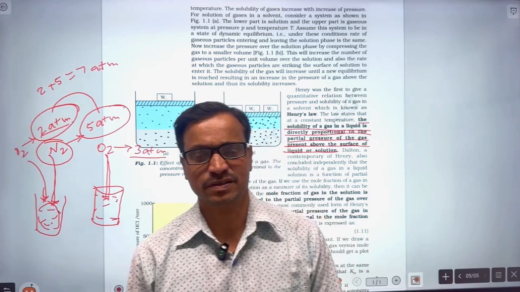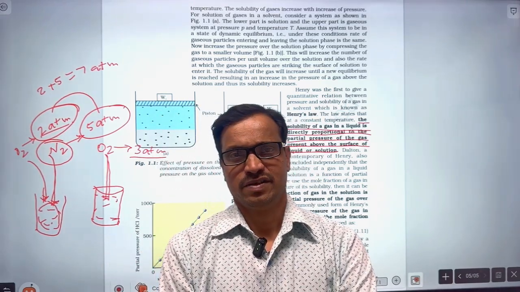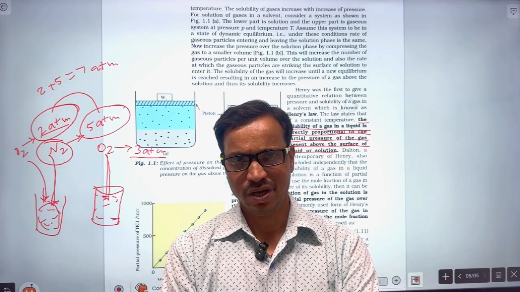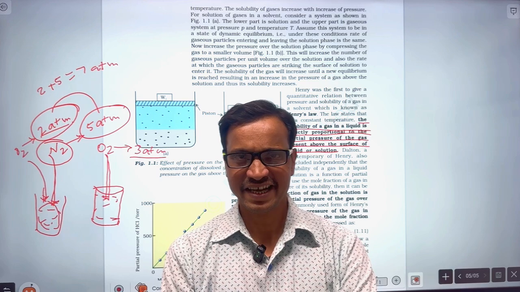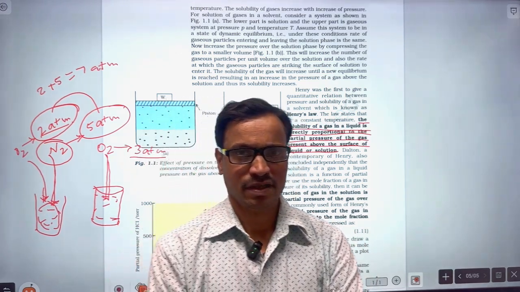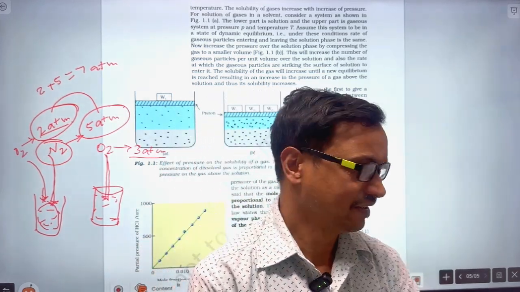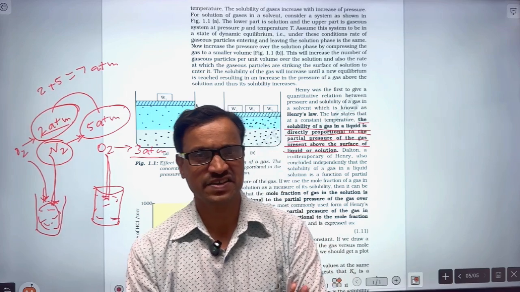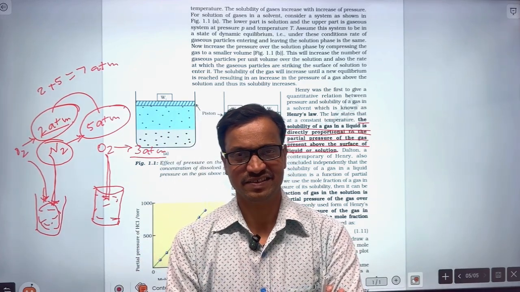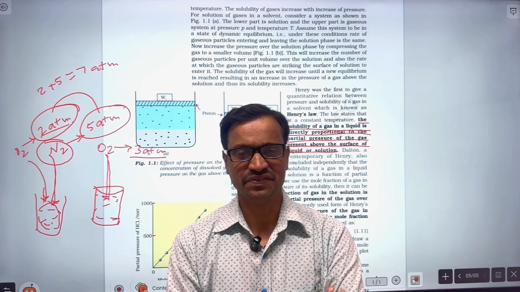And when we express it in mathematical form, there is a direct relationship between the mole fraction of the gas inside the liquid and the partial pressure of that gas.